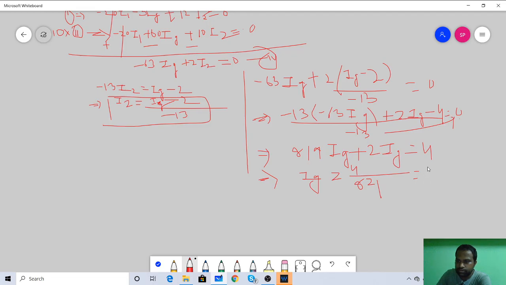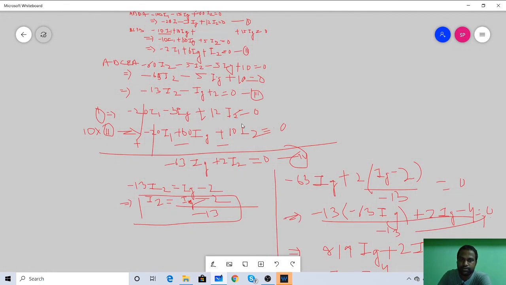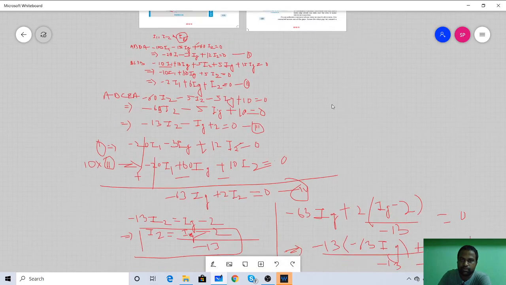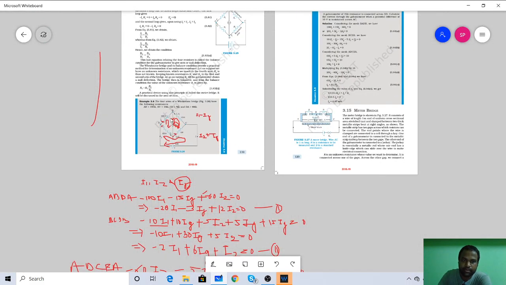So you divide and find out this much ampere, approximately in some milliampere. This is the current Iz that flows through BD.